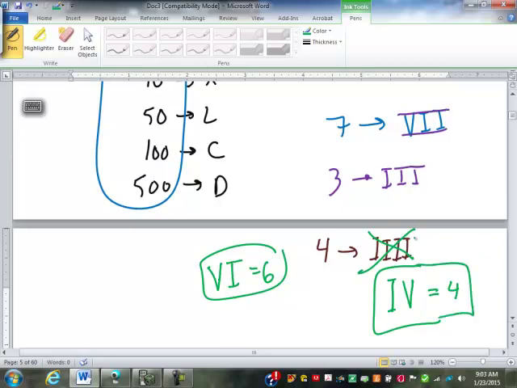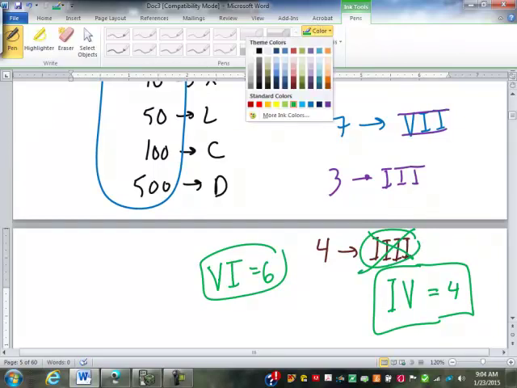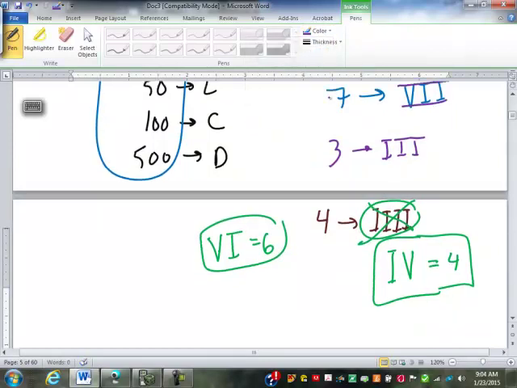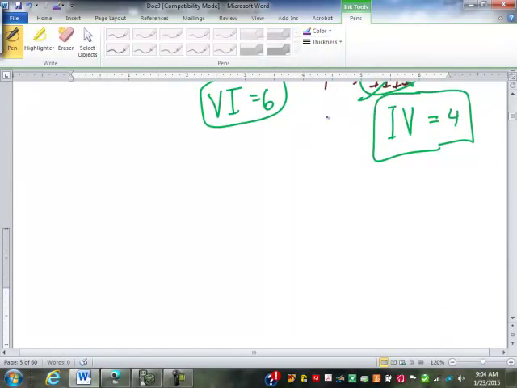That way they avoid having more than 3 of the same symbol consecutively to create a number. So anything that's a 4 or a 9, you're going to deal with that. For example, 9 would be written not as 5 plus 4 1s, but as a 10 minus 1. So you have the X, then the I is put in front of it.